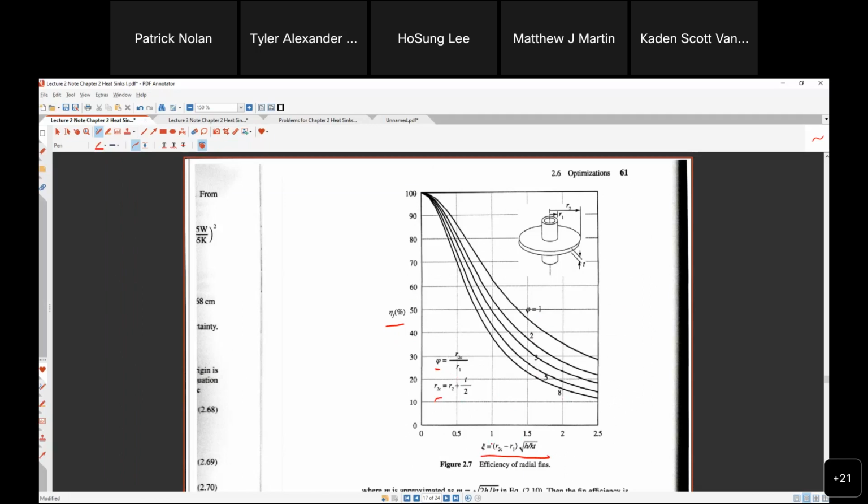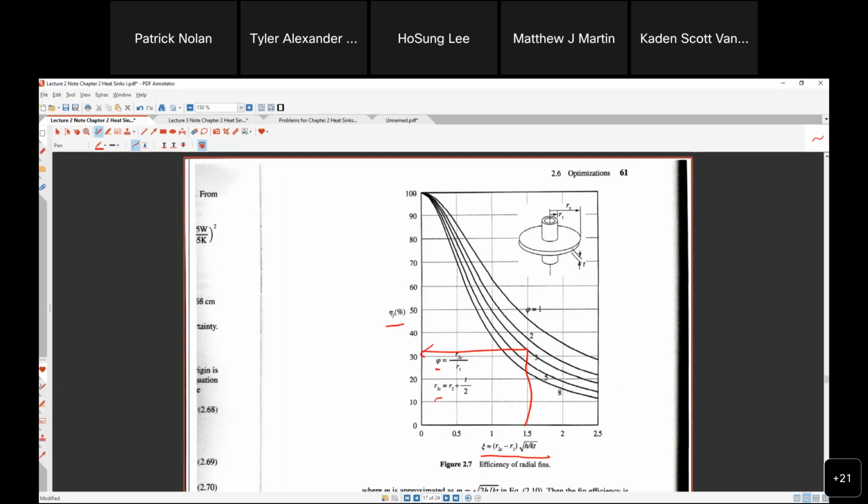Once we calculate the psi, and also the ratio of phi, we can calculate the efficiency.